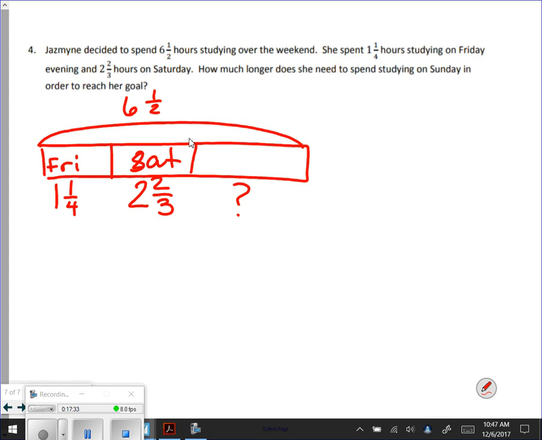So basically, what is the time that we need here? However, you need to work two steps in order to solve this problem. It is a two-step problem. The first thing would be to do Friday and Saturday. You can take this and subtract that, and then take the total and then subtract that, but why?